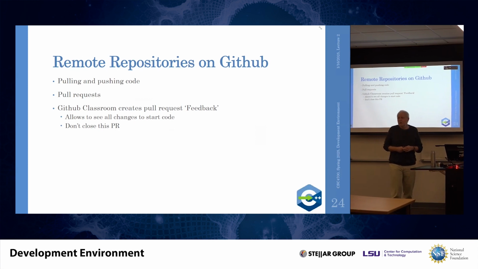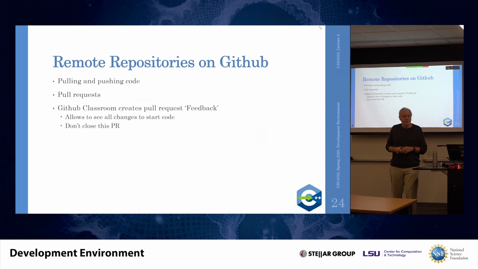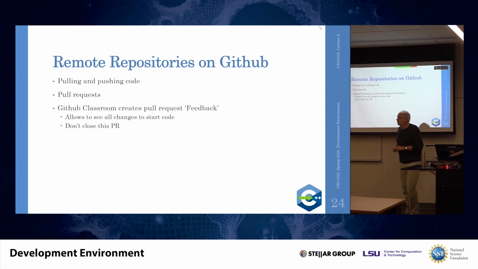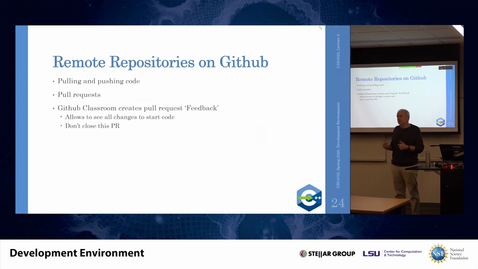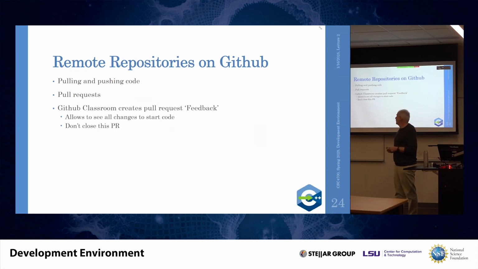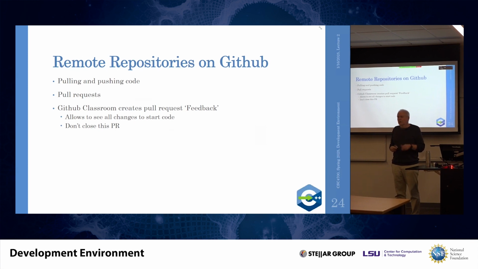GitHub Classroom will create a pull request on your repository. That pull request is called feedback. And that pull request will have all the changes that you make to your repository in them. It's a means for me to see what you have changed in your assignment. So please don't close that pull request. Don't merge it. The pull request explicitly says, please don't merge that.